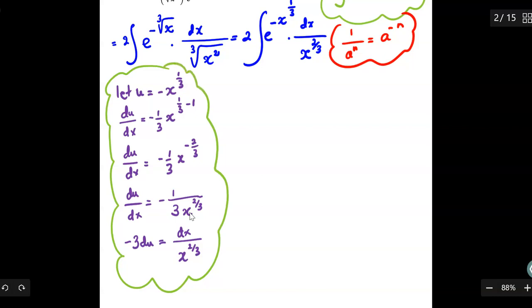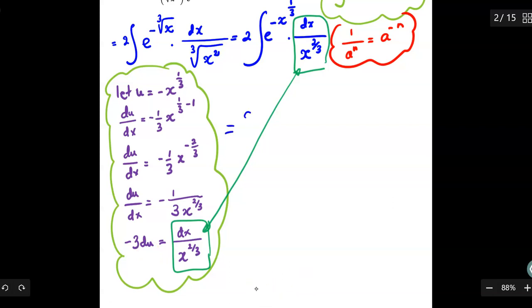And then, you see, I am having this as the exact match with this one. So instead of writing dx divided by x raised to exponent 2/3, I will replace this whole expression by negative 3 times du.